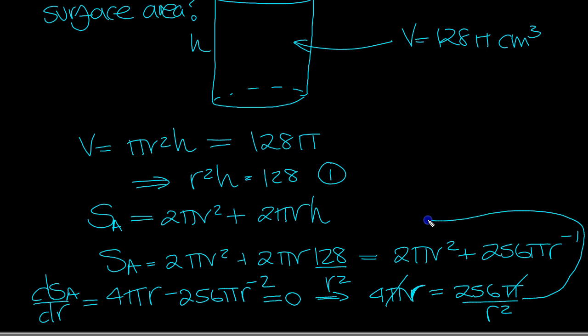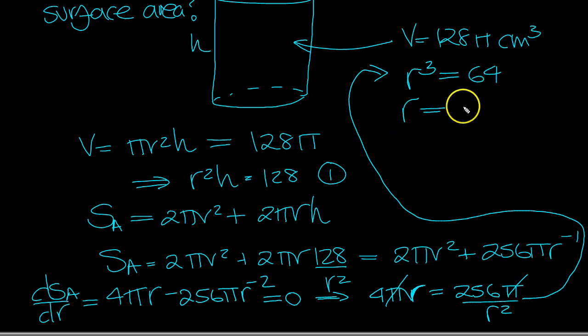So we get r cubed equals 256 over 4, which is 64. Cube root that. r is positive, so it's the cube root of 64. The positive one is 4. So that would be r.